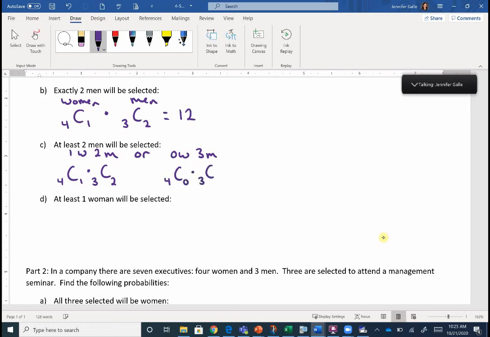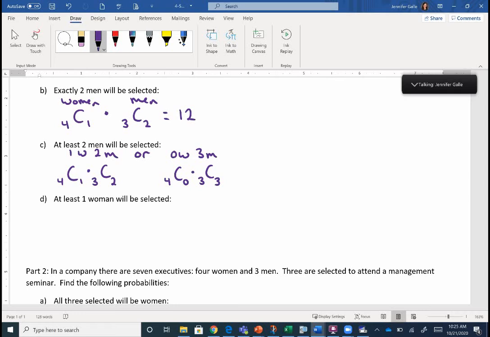And we need all 3 of the men. Now, if you put the 4C0 in your calculator, you're going to get 1. I write it in there as kind of my placeholder. So each time we see the women and the men, each time we're seeing that total of 7 people that we're selecting from.